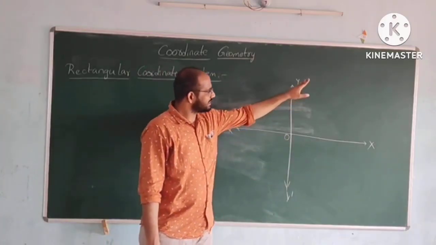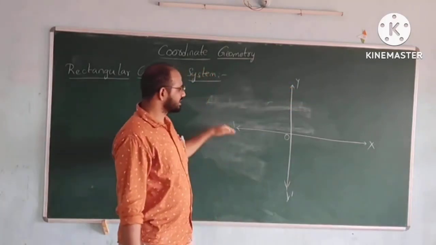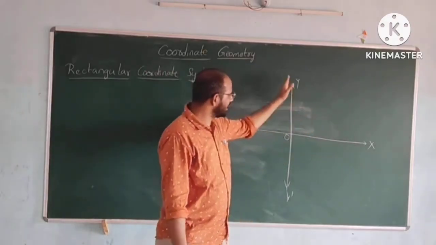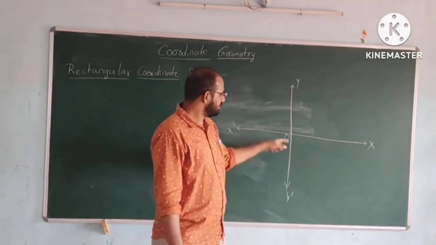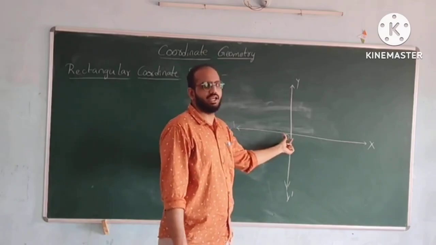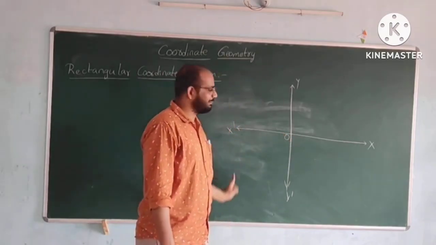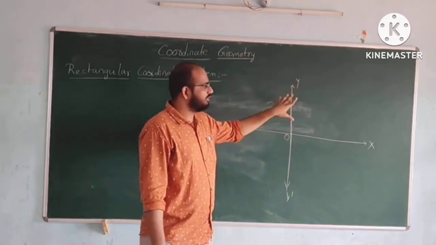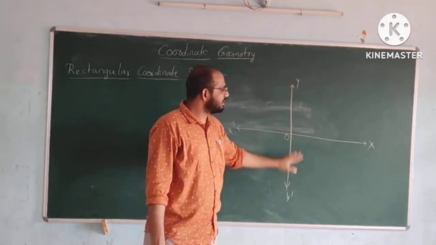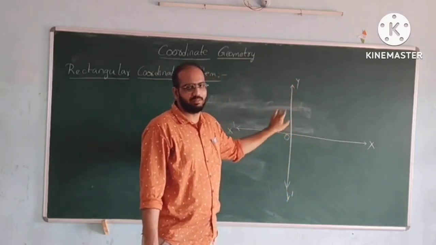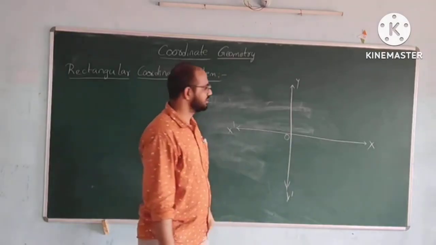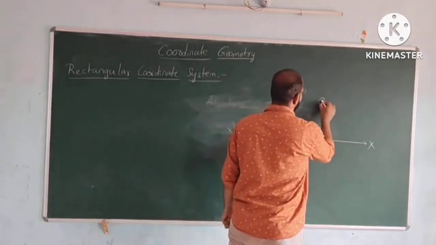Now, let us say this is a plane. Every surface is a plane. These two straight lines divide the plane into four regions, which are called the four quadrants.